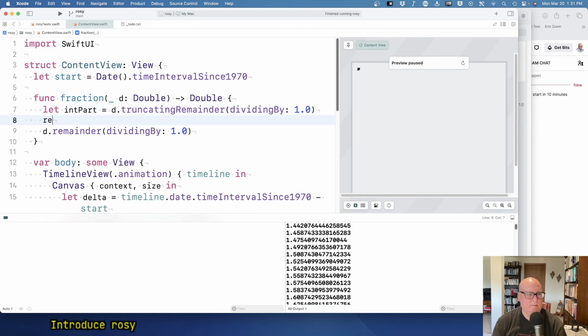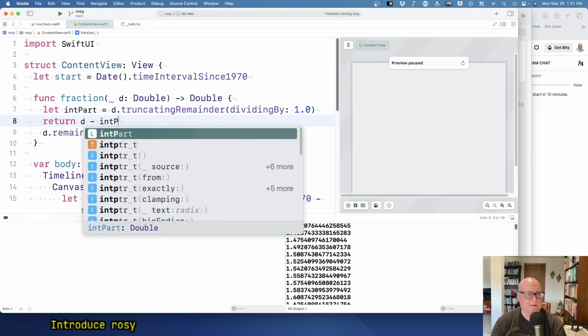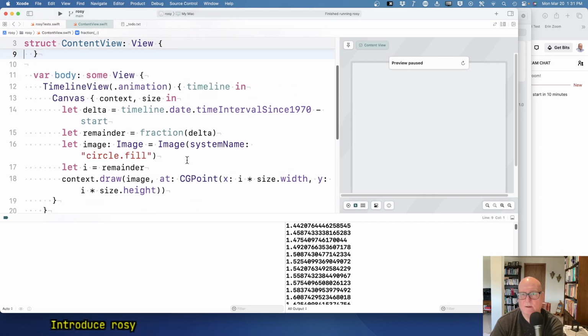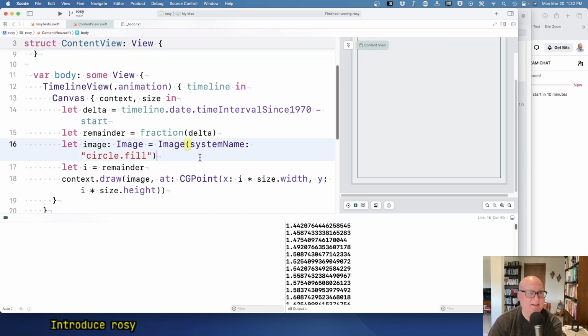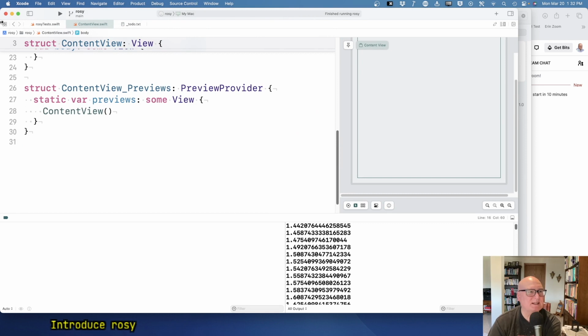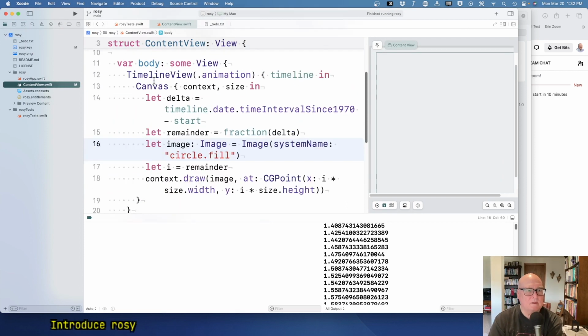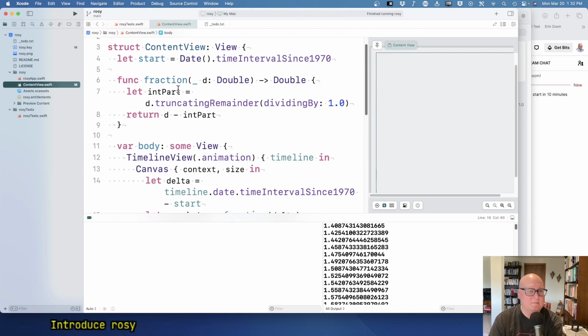And then return d minus int part. Okay, that works for positive numbers. Preview paused. Well, okay. I mentioned I might do some testing along the way. This is one of those times. Well, maybe I should just do a little debugging.